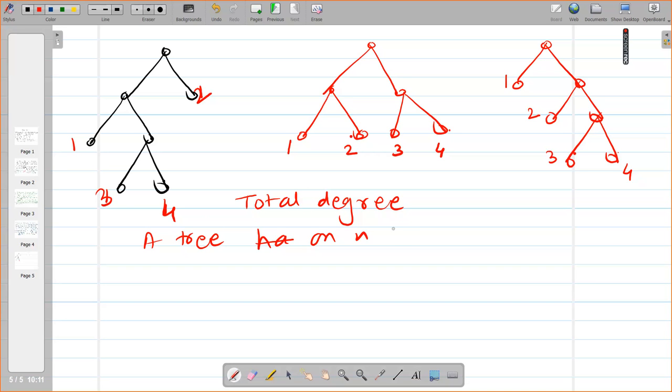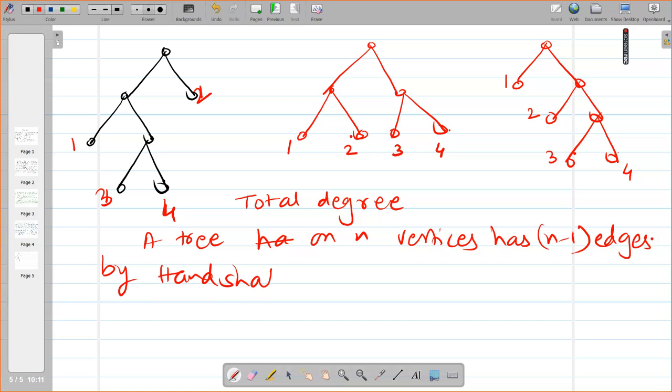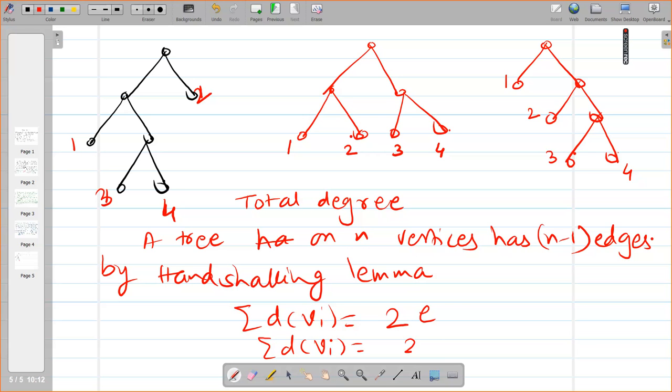Yes, a tree on n vertices has n minus 1 edges, right? And by the handshaking lemma, summation of degree Vi is equal to twice the number of edges. So summation of degree Vi will be equal to 2 into n minus 1. Please write it down quickly. This is a very small result.